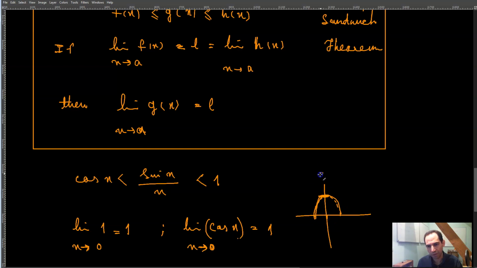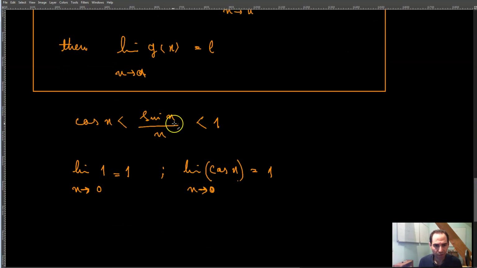Then this is 0 and this is 1, right? So the limit of cos x as x tends to 0 is also equal to 1, which means the limit of 1 as x tends to 0 is equal to the limit of cos x as x tends to 0.